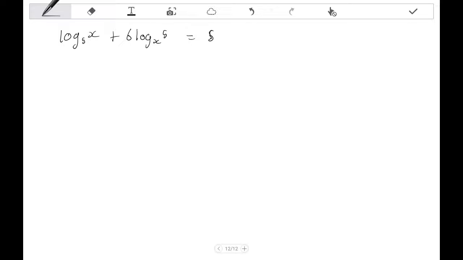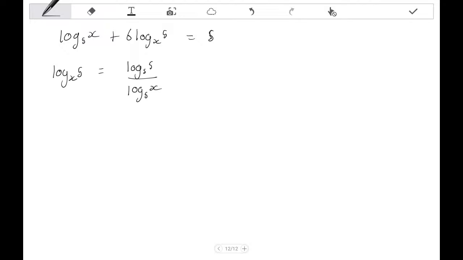The first thing that we notice is that we've got logs, but they're different bases, which before would have been a big problem for us, but we now have our change of base law. So I'm going to change the log of 5 base x to something with base 5. Log base x of 5 becomes log base 5 of 5 over log base 5 of x.